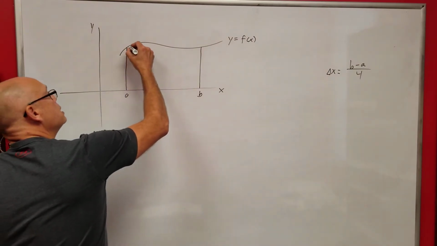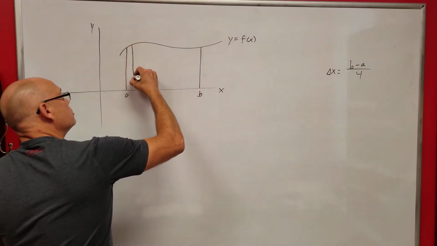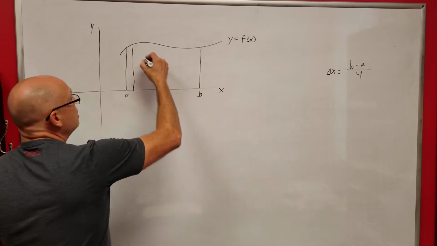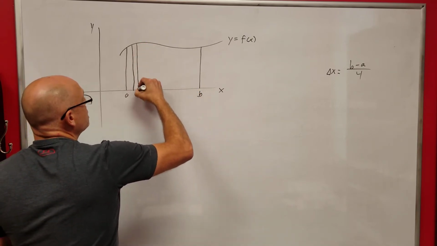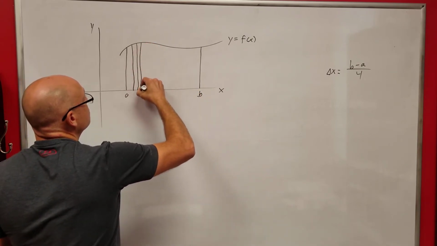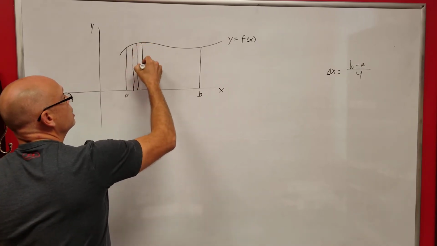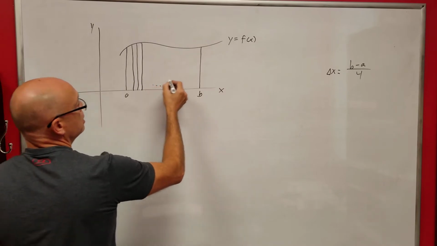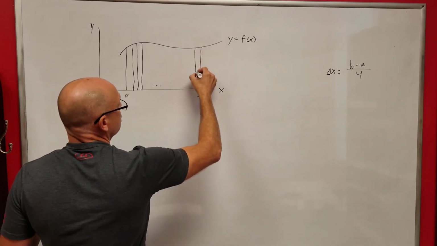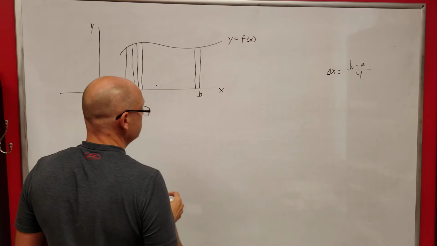I'm going to split these up. I'm going to split this interval from A to B up into a bunch of different sections, okay? Well, I can't draw a straight line to save my life right now. Okay, dot, dot, dot, I'm going to put stuff like this, okay?